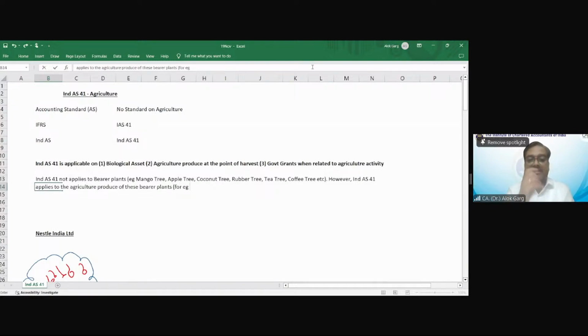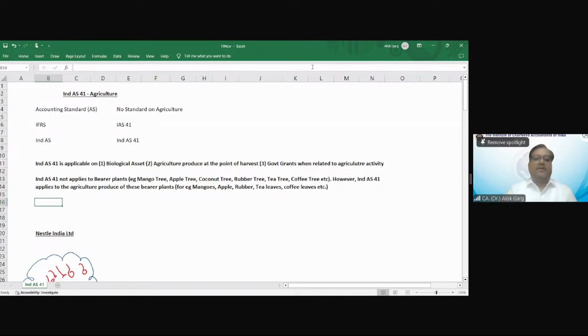So let me take the example in sequence. For example, mangoes. For example, apple. For example, rubber, that is latex. Okay. Tea leaves. Okay. Then your coffee leaves, etc. Fine.